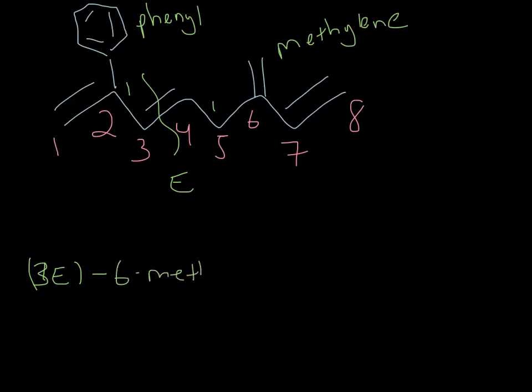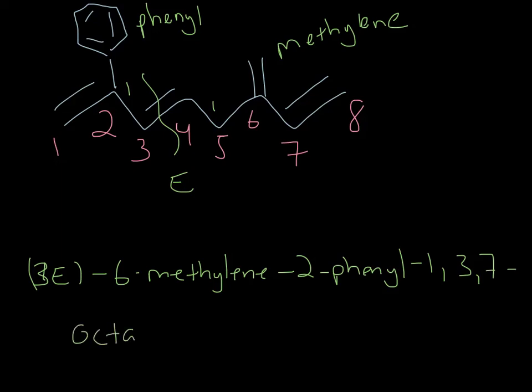So I have 6-methylene, 2-phenyl, and then I have 3 double bonds. This is going to be a triene, and I'm going to have a locant for each one. So 1, 3, 7, octatriene. So this is 3E, 6-methylene, 2-phenyl, 1,3,7-octatriene.